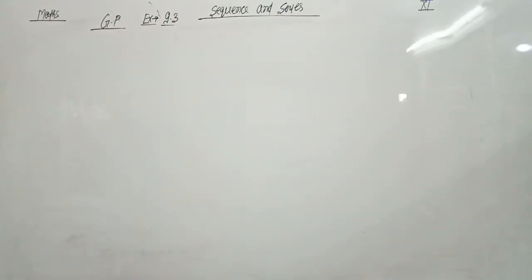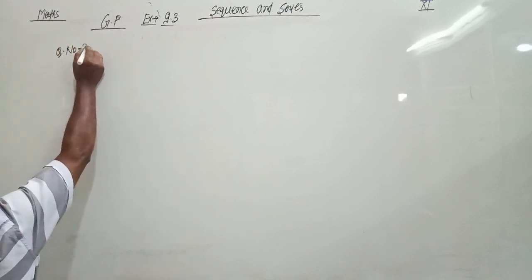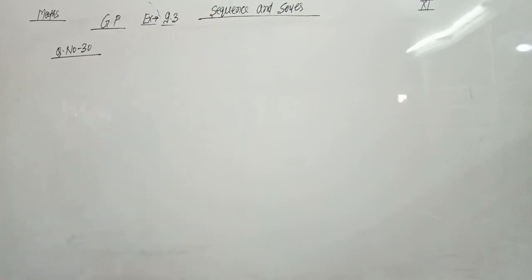Next, question number 30. The number of bacteria in a certain culture doubles every hour. If there were 30 bacteria present in the culture originally, so the number of bacteria doubles every hour, means the resulting sequence is in GP.